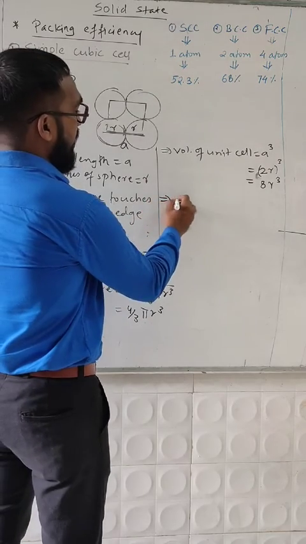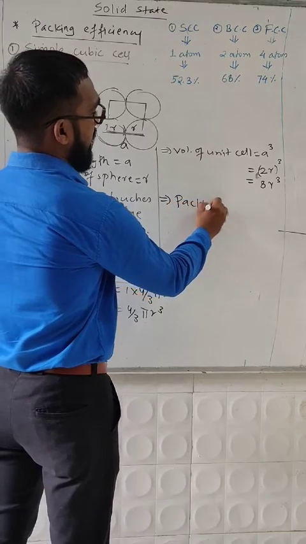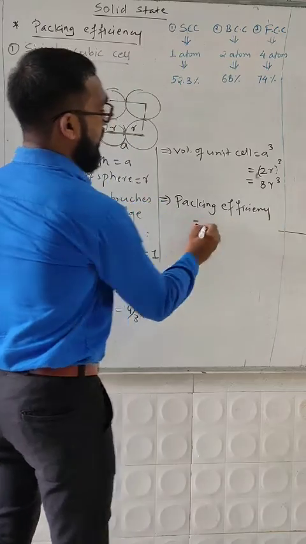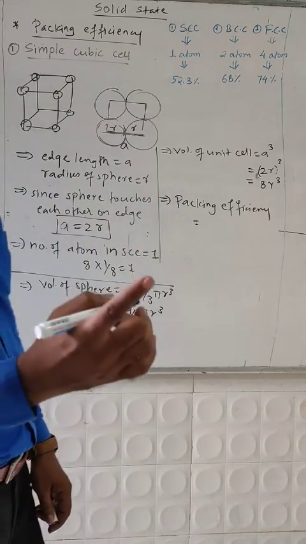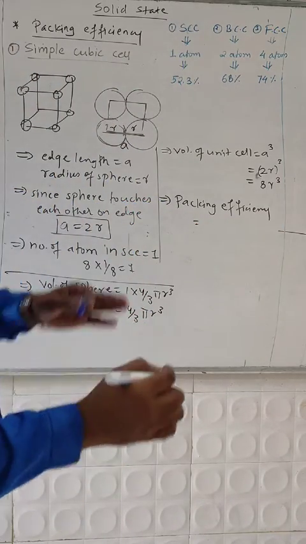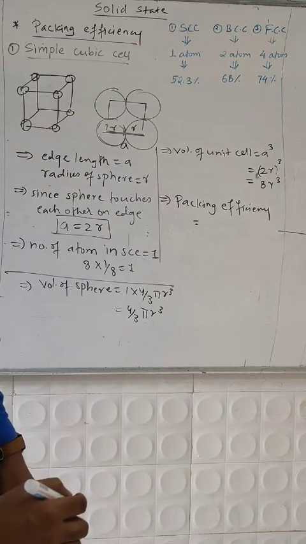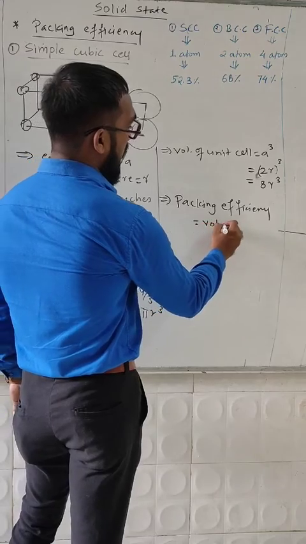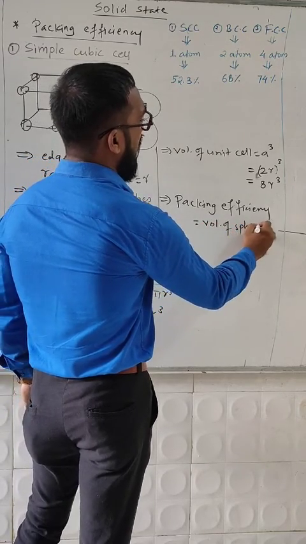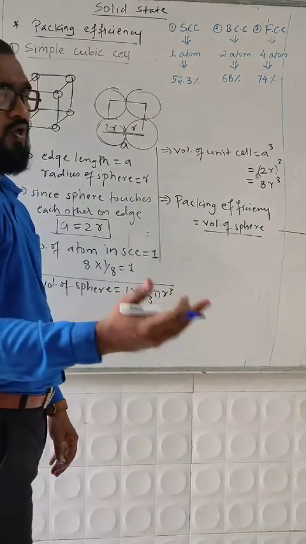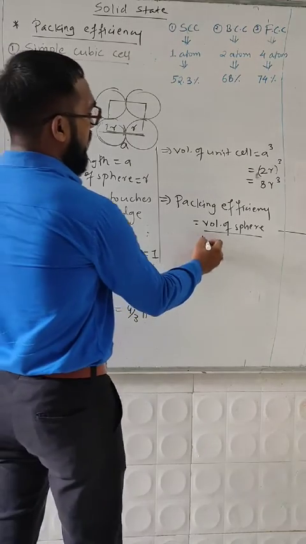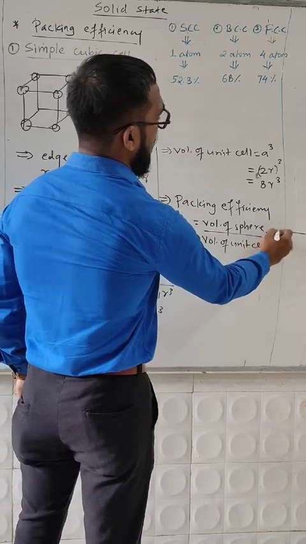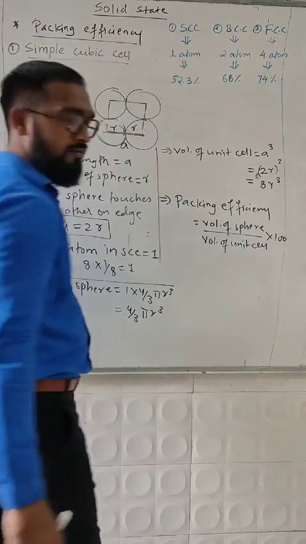Now we have to calculate the packing efficiency, meaning one atom in a simple cubic cell occupies 52.3% of space. For that, we use the formula: total volume of sphere upon volume of unit cell into 100.